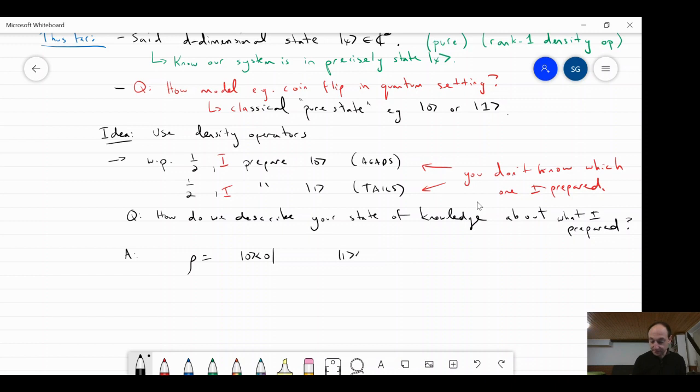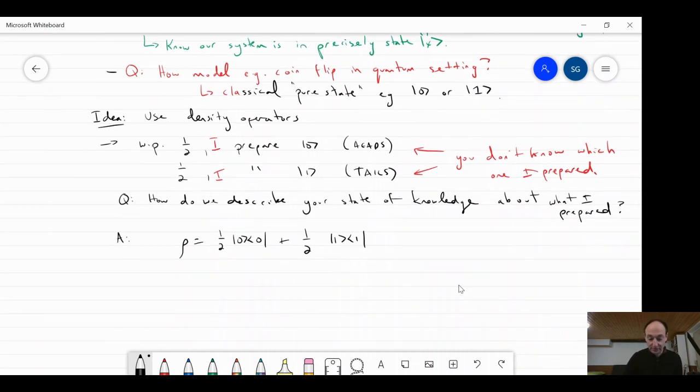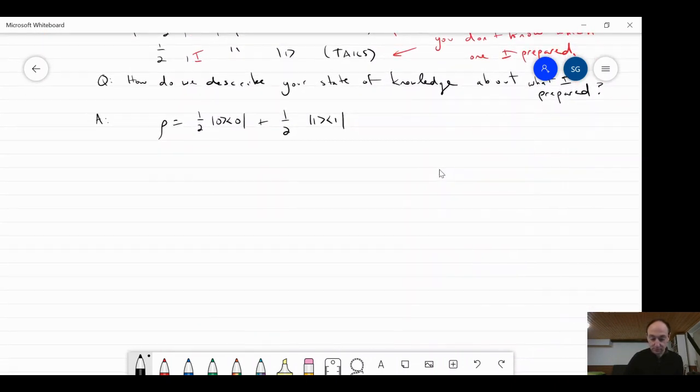To specify that with probability half I got each one, I put a half in front of each. This is the density operator describing your state of knowledge about the system. That's the way I want you to think about density operators, and we'll give a formal description of how to mathematically characterize them.